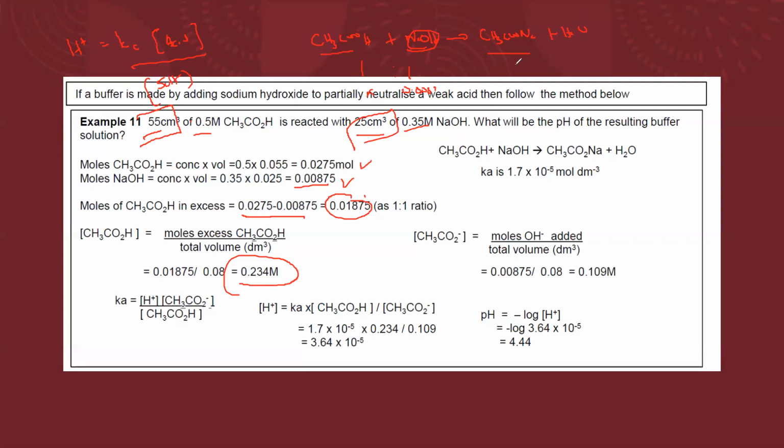As we know, the ratio of sodium hydroxide and sodium ethanoate is 1:1, so the same number of moles of sodium ethanoate will be formed, and divided by the volume, we'll get the concentration of sodium ethanoate. So we'll use the formula. We have the concentration of acid and the concentration of the salt. Ka is given in the question, so we can find hydrogen ion, and using hydrogen ion, we can work out the pH of this buffer solution.